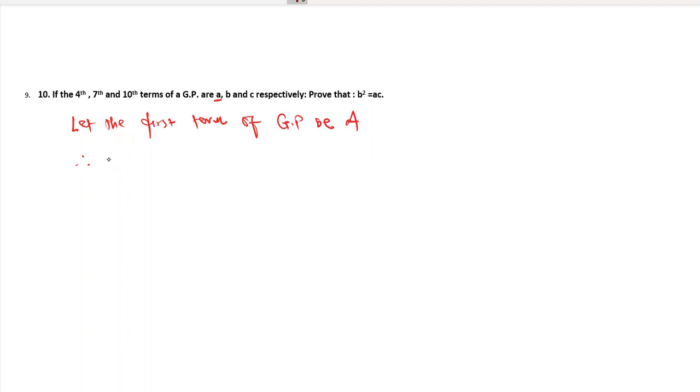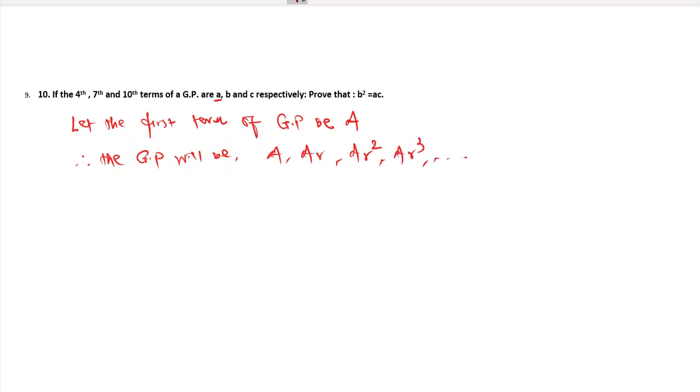Therefore, the GP will be A, AR, AR square, AR cube. I'm sorry, I missed one term. A, AR, AR square, AR cube, and so on.